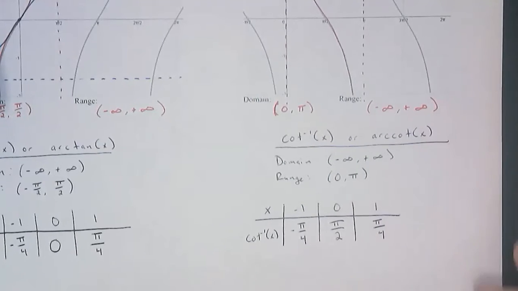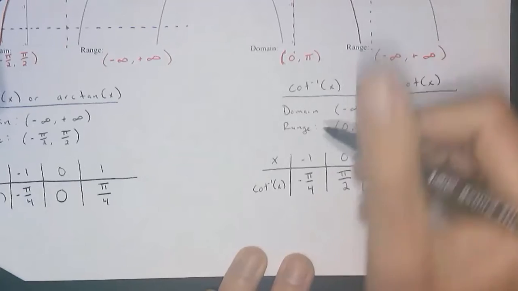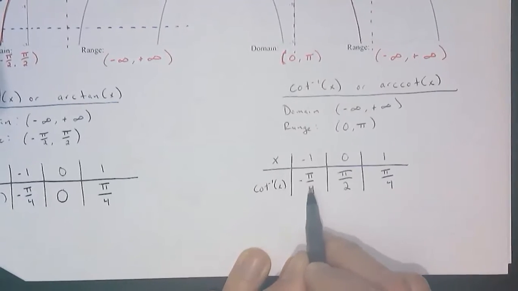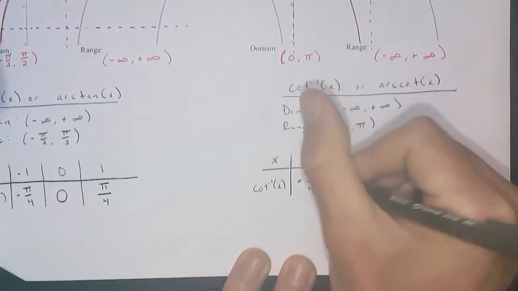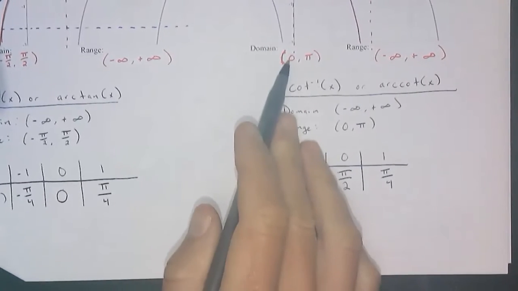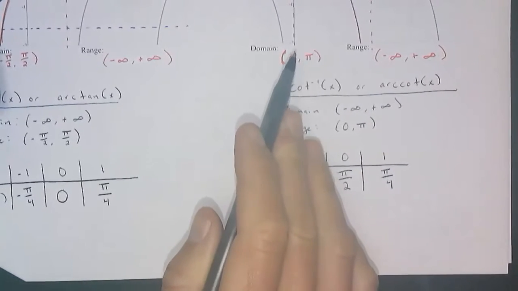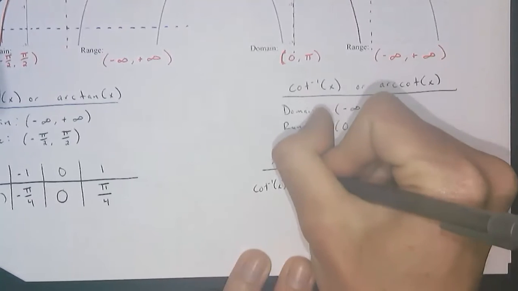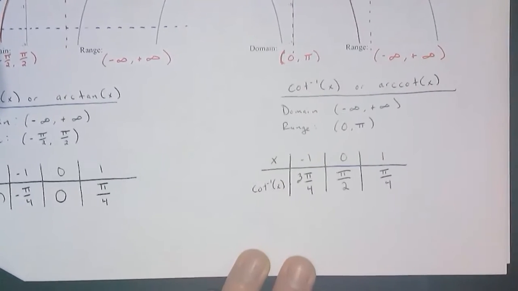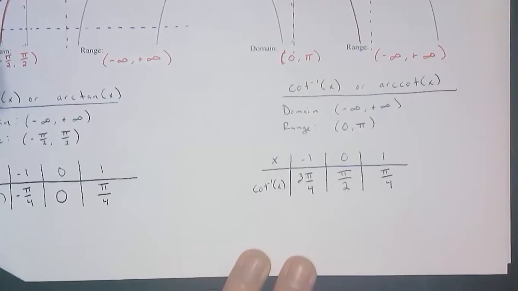Yes. So the -1 value needs to spit out 3 pi over 4 because negative pi over 4 is not in the domain of the cotangent that we're inverting. So it's 3 pi over 4. That will make more sense. Pi over 4, 3 pi over 4, pi over 2. Okay. Let's see where this ends up.